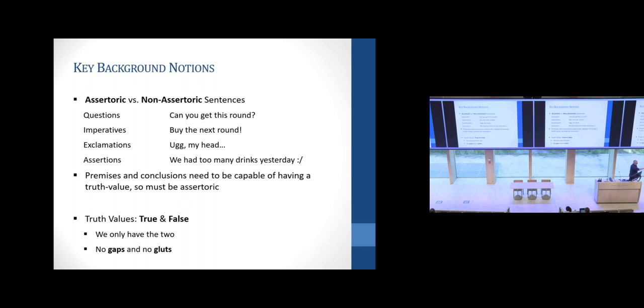We could read "you're buying the next round" in an assertoric way, where it's a prediction about what's going to happen next. Then it's truth-valuable. But if I say you're buying the next round, as in go do it, then it's not assertoric anymore. It's an imperative. I'm commanding. It can be obeyed or not obeyed.